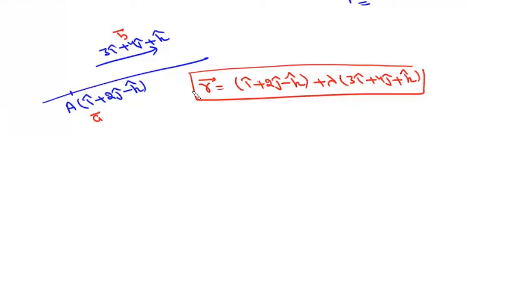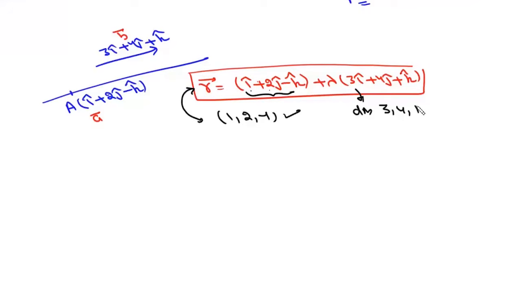Now we can always interchange this equation from vector to Cartesian and from Cartesian to vector. For this equation in vector form, the point is i plus 2j minus k, so basically this point is 1, 2, minus 1, and the direction ratios are 3, 4 and 1.